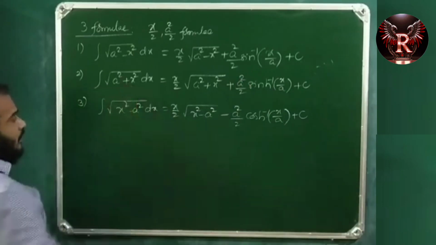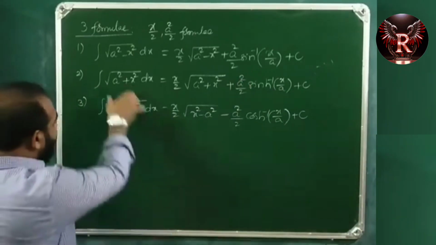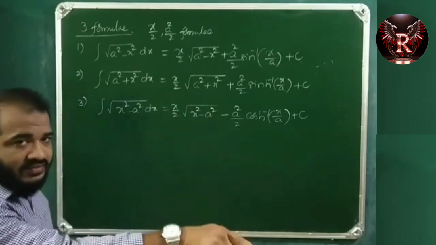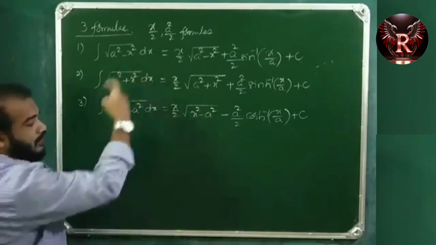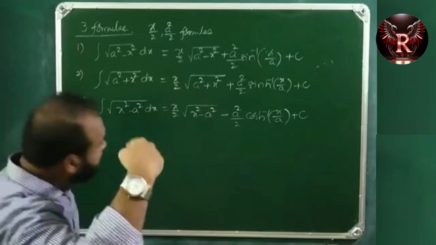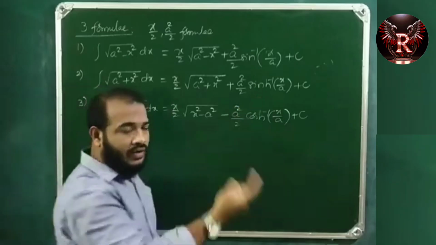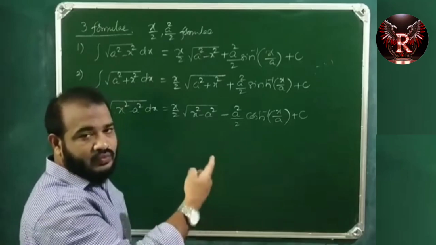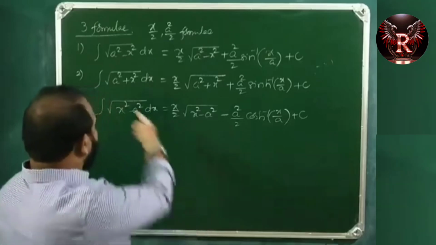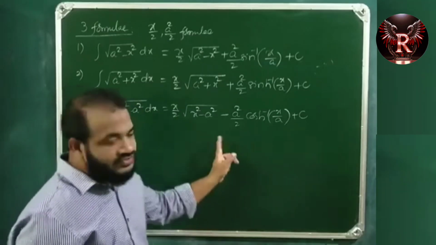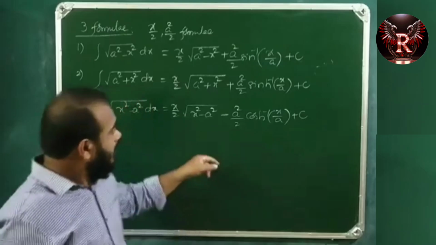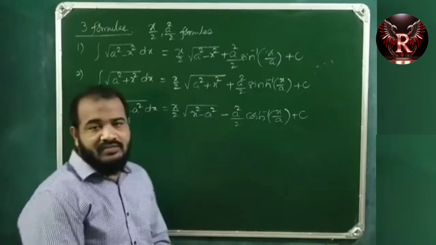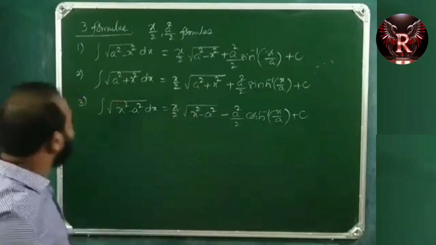For integral root of a square plus x square dx, it is x by 2 into the given function plus a square by 2 into the integral of 1 by root of a square plus x square dx, that is sine h inverse x by a, or log mod x plus square root of x square plus a square also. This is how we have to remember, but for the third one we will actually be getting a minus. So let us derive how we get these.